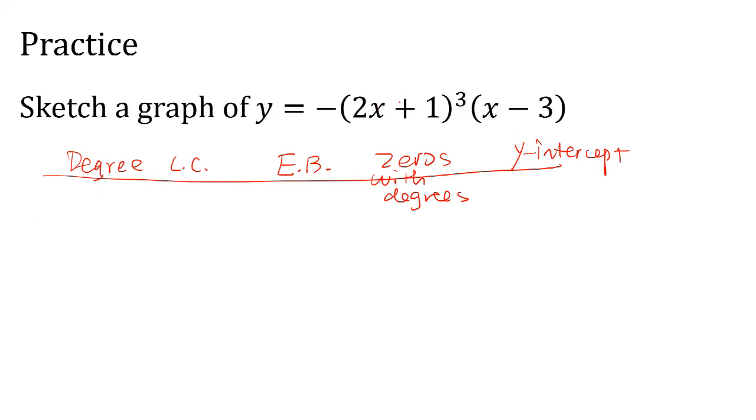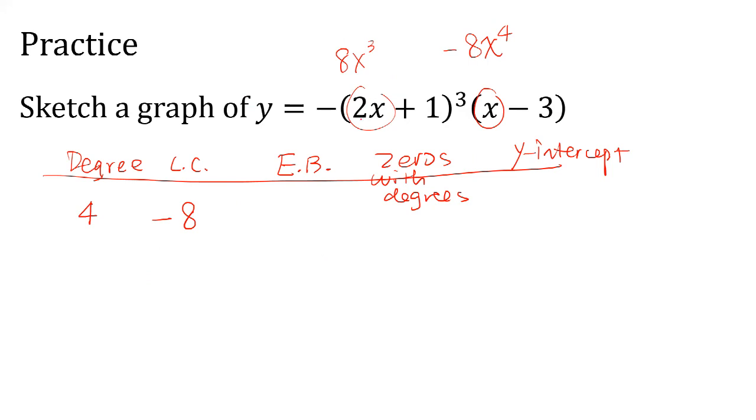There are 3x here and 1x here, so the degree is 4, right? And leading coefficient. Okay, if you multiply all the 2x here, you will get 8x cubed, right? And multiply with this x, you will get 8x to the power of 4, and there is a minus sign in front. So the leading coefficient is -8, right?